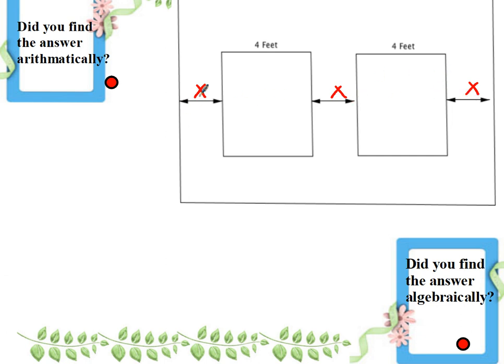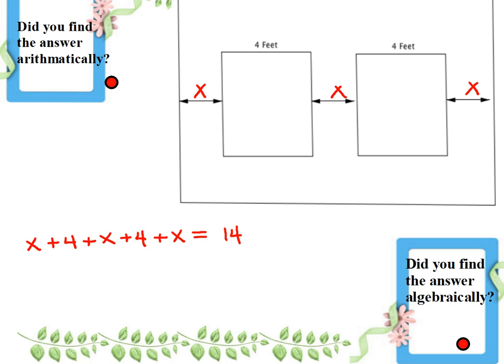So I know that if I add x plus 4 plus x plus 4 plus x all together, what does it have to equal? Yeah, the distance up here of 14 feet all the way across. So I can start with x plus 4 plus x plus 4 plus x all together equals 14.